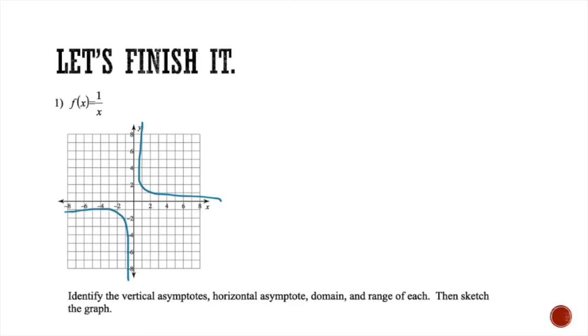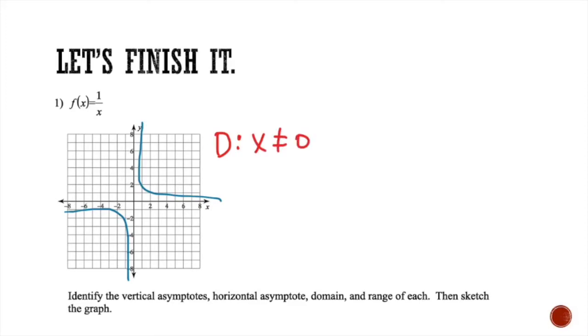If I draw these lines to figure out my domain, where would I not touch? At x equals 0, correct? So my domain will be x not equal to 0 because it's everything except.